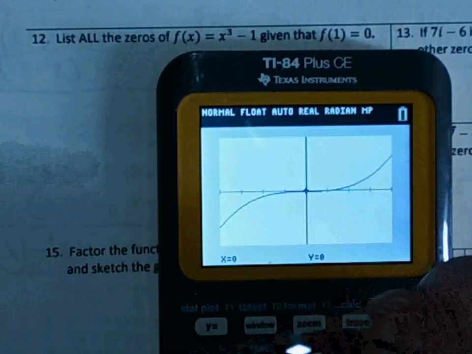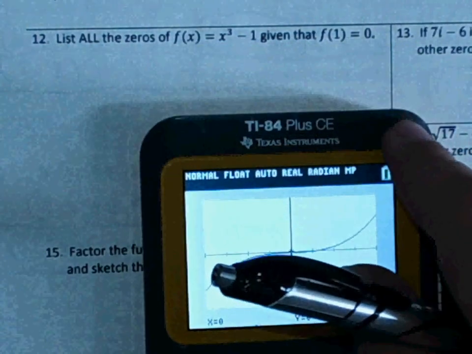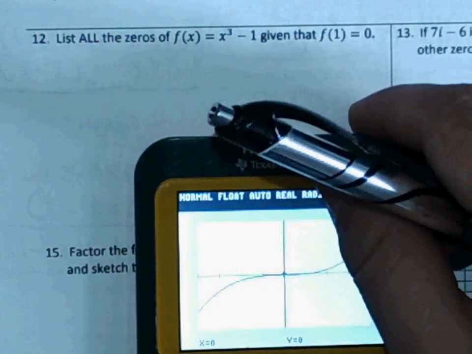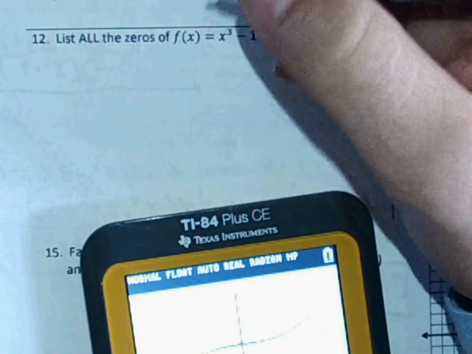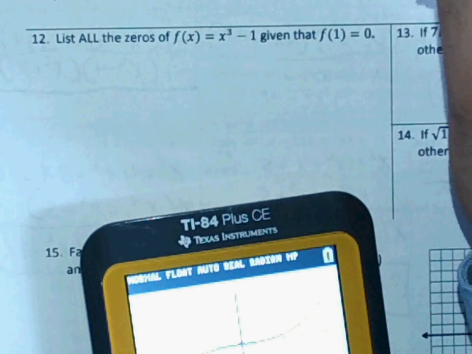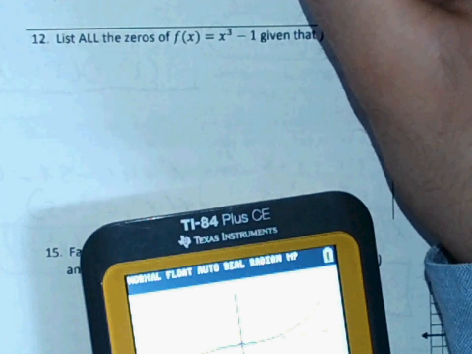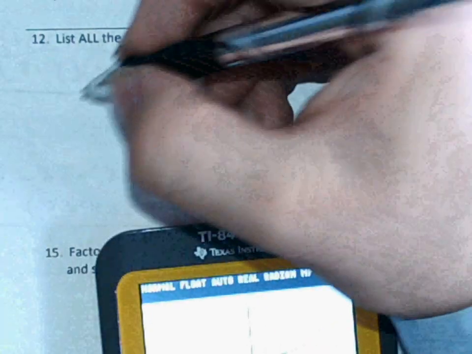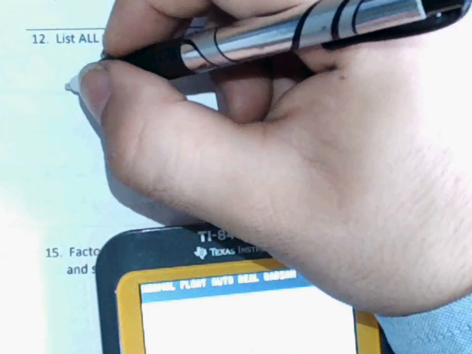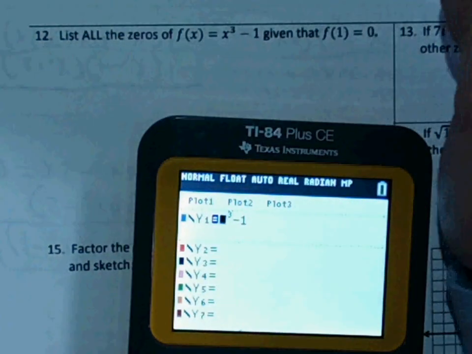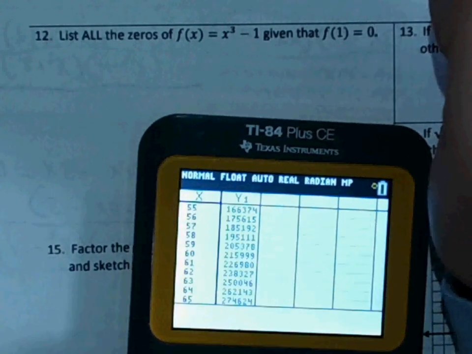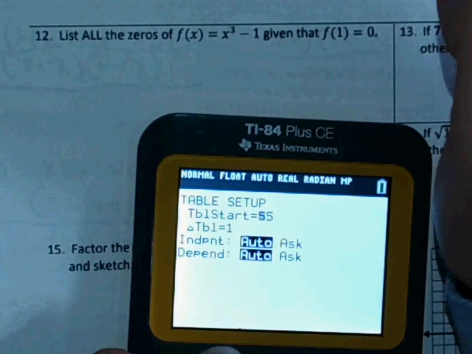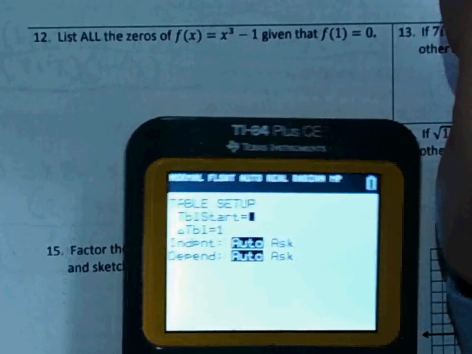Because this, I mean really all this function is the x cubed graph, but it's minus 1. That might be the only 0. So definitely if graphing this, table, we'll have our table start at 1.